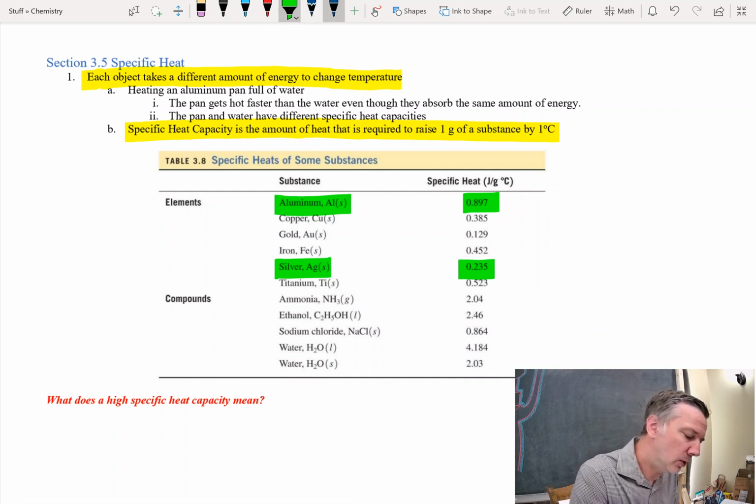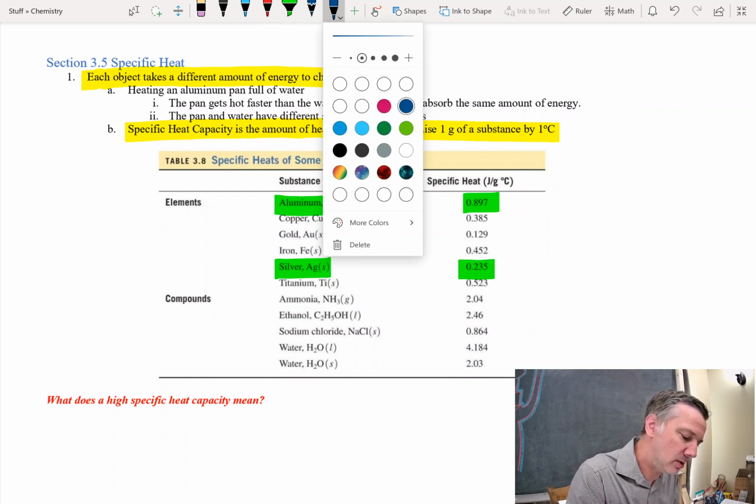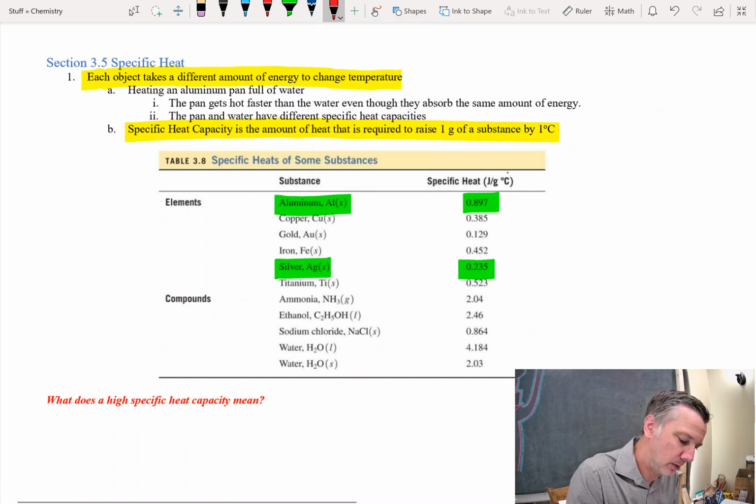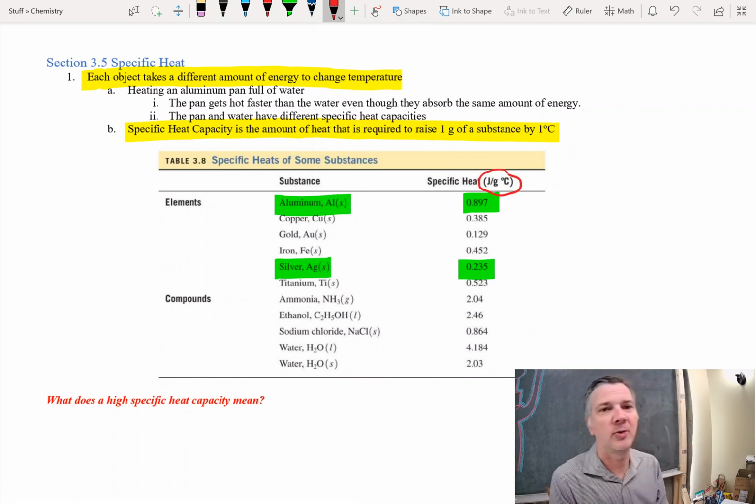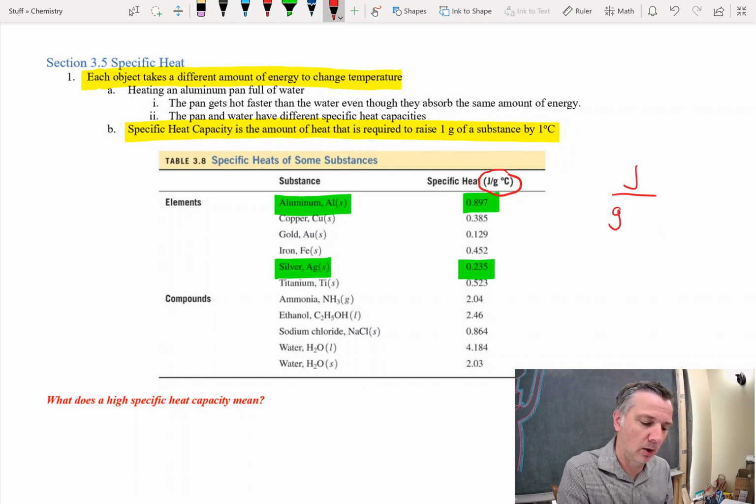The units for specific heat capacity are joules per gram degree Celsius. We know that joules measures energy. Grams measures mass. Degrees Celsius measures temperature.